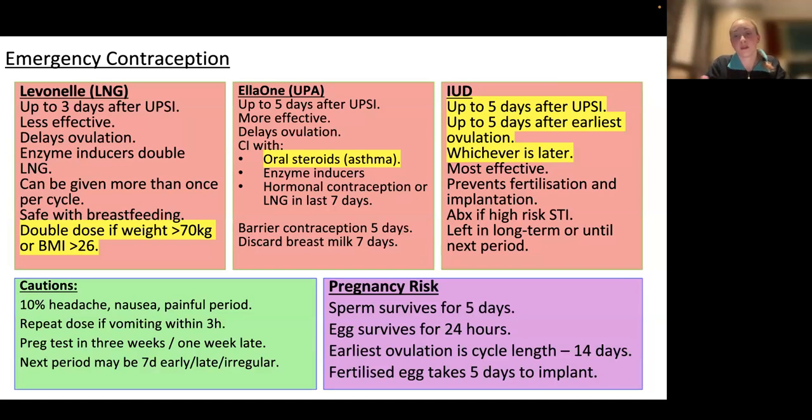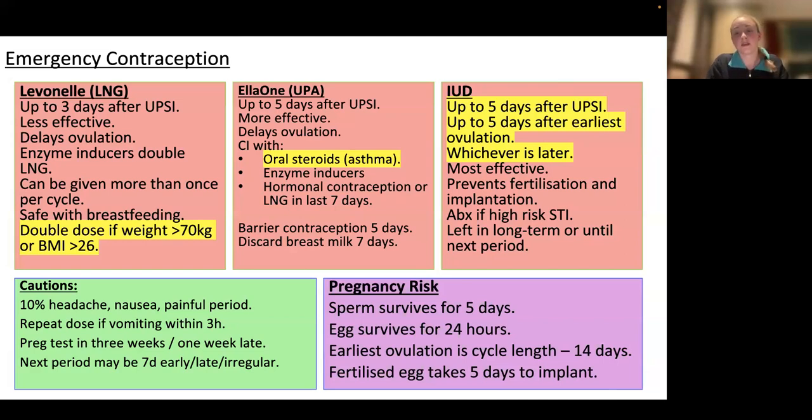You work out what day we're now on based on when their last menstrual period started. For each person, their earliest ovulation is their cycle length minus 14 days. So if someone tells you their cycle length varies between 28 and 32 days, you'd go with 28, because the earliest they could have ovulated is 14 days before that.